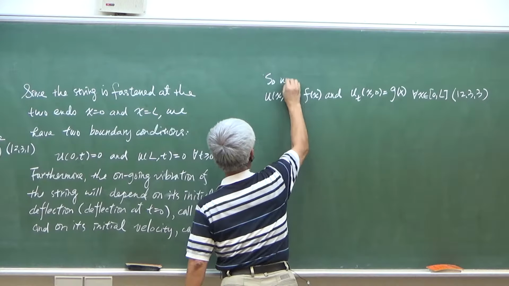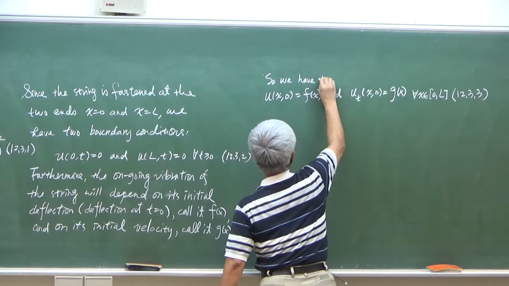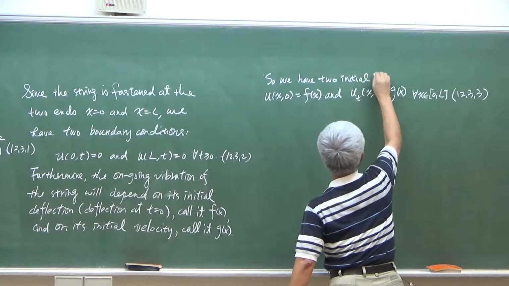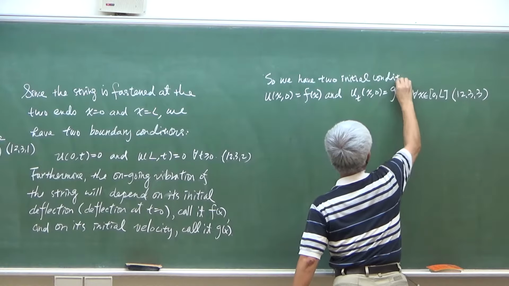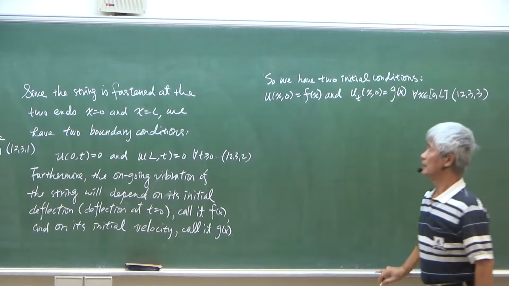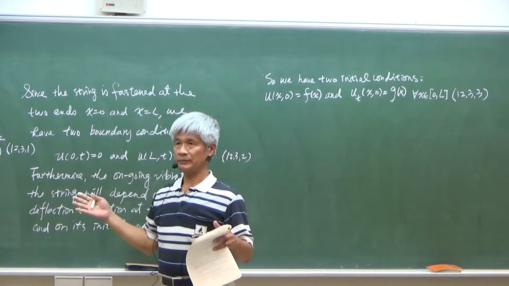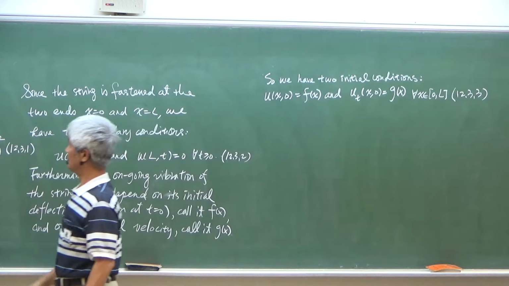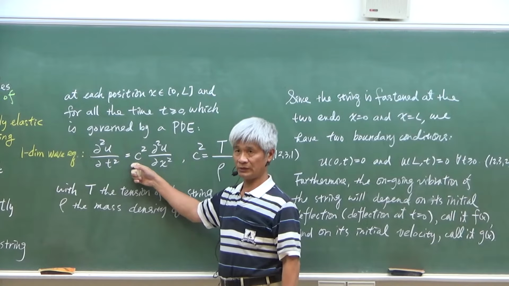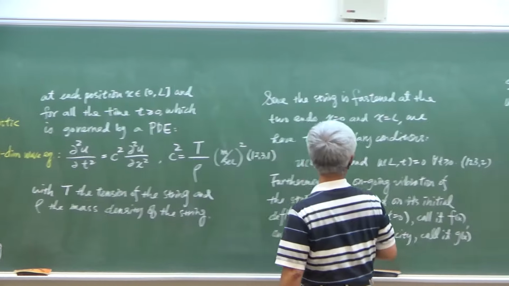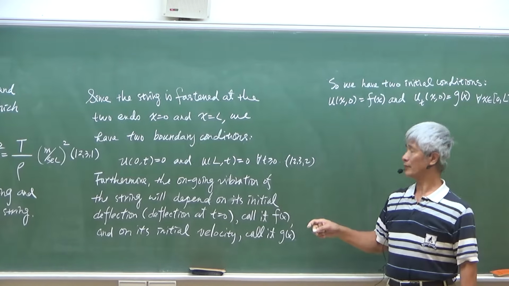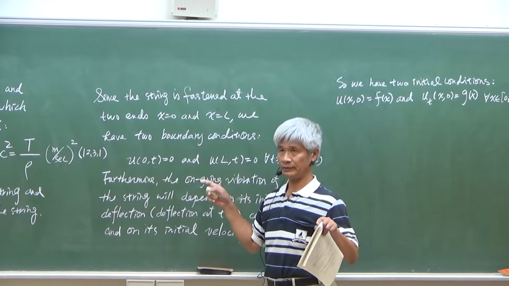So we have two initial conditions. The whole problem is here. We have the one-dimensional wave equation, which is second order. We have two boundary conditions at the two endpoints of the string.